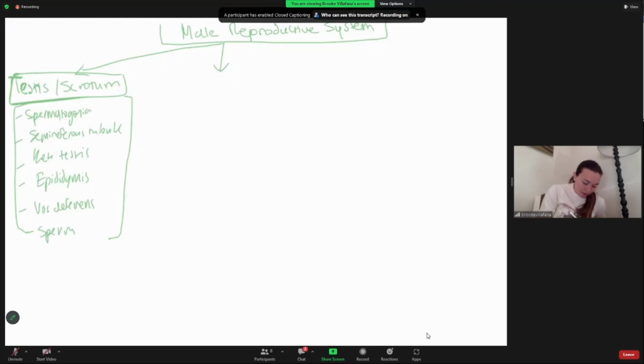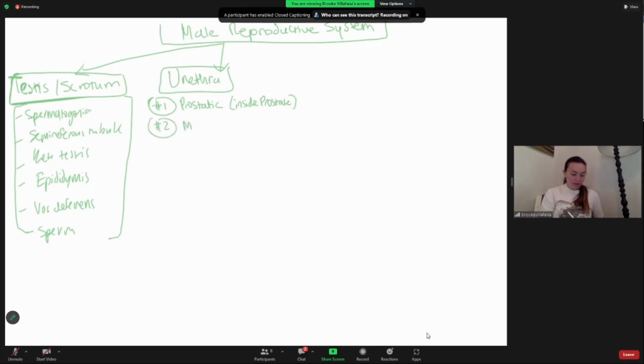So remember, you have your urethra, and that urethra has 3 parts: prostatic, which we know is inside the prostate. The membranous, which is from the prostate to the abdominal wall.